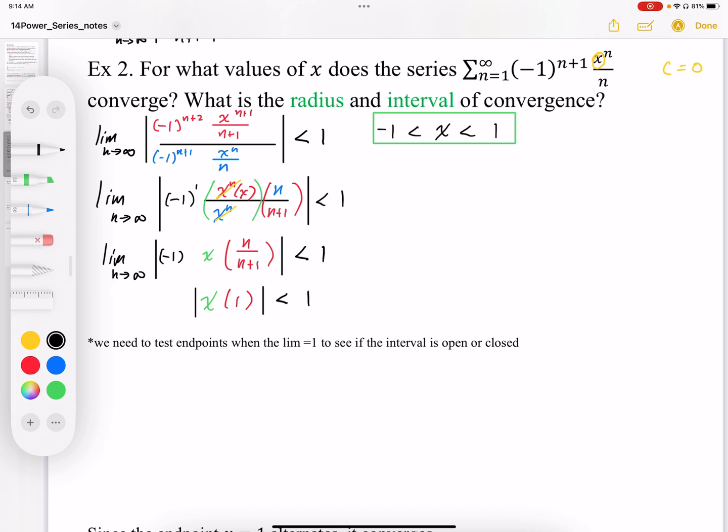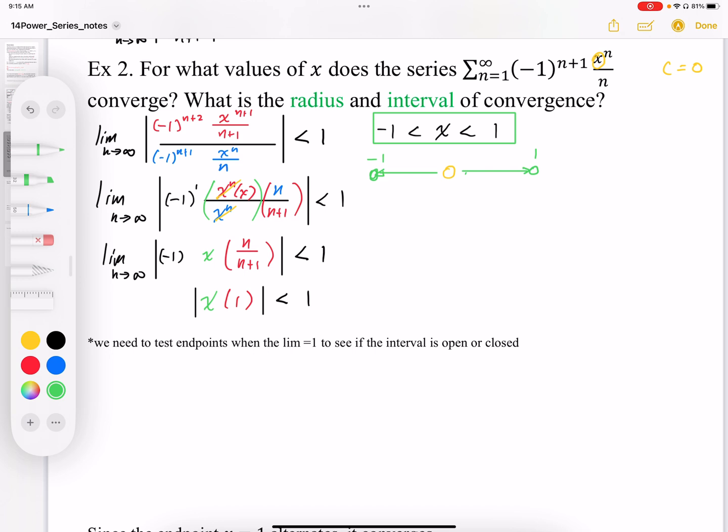Okay, just going to draw the number line visual for it. It's centered at 0, and my radius is 1 to the right. We need to test that endpoint at 1, and then 1 to the left, and I need to test that endpoint at -1.